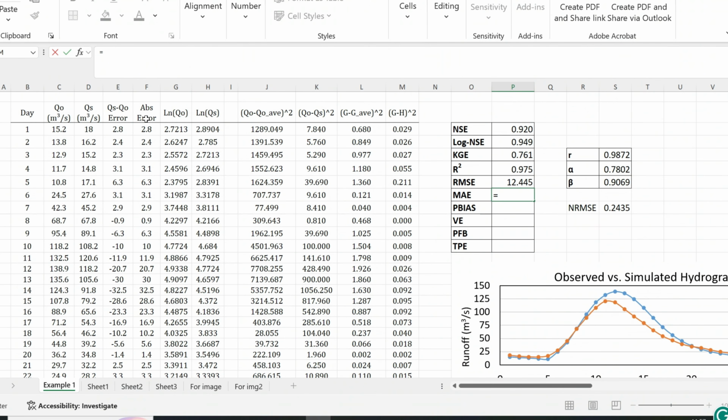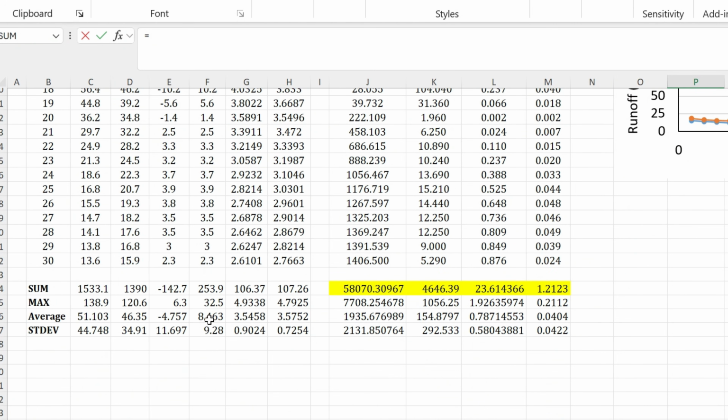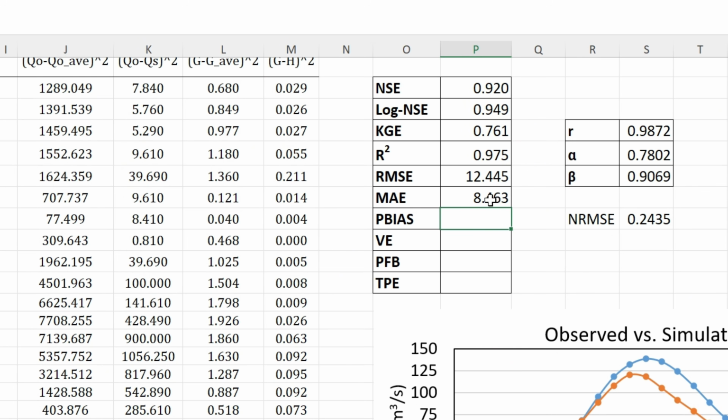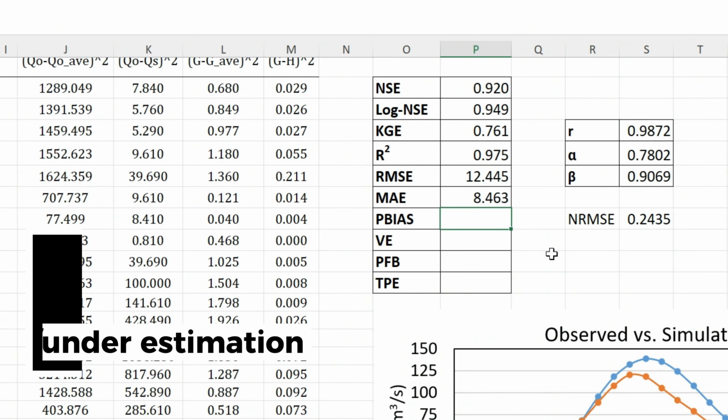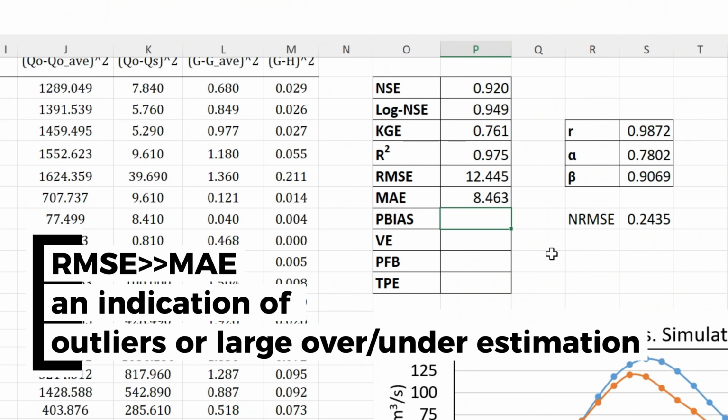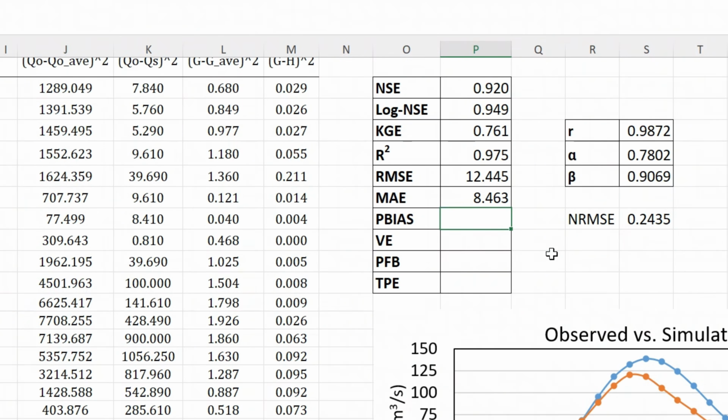We have an absolute error column here, column F, and the mean value of that is already calculated, and that's 8. So remember, RMSE generally is larger than MAE, and if you see the difference is relatively big, that means that you have either underestimation or overestimation, which is the case in our hydrograph.